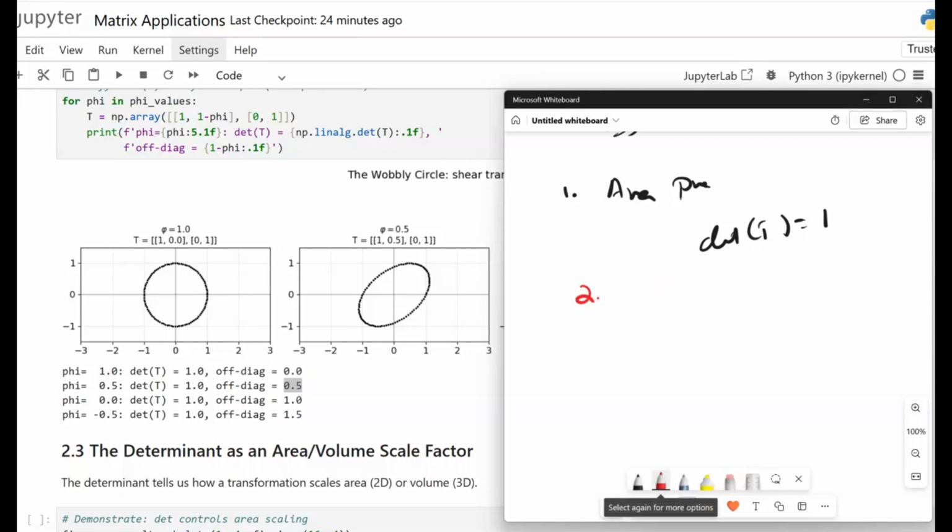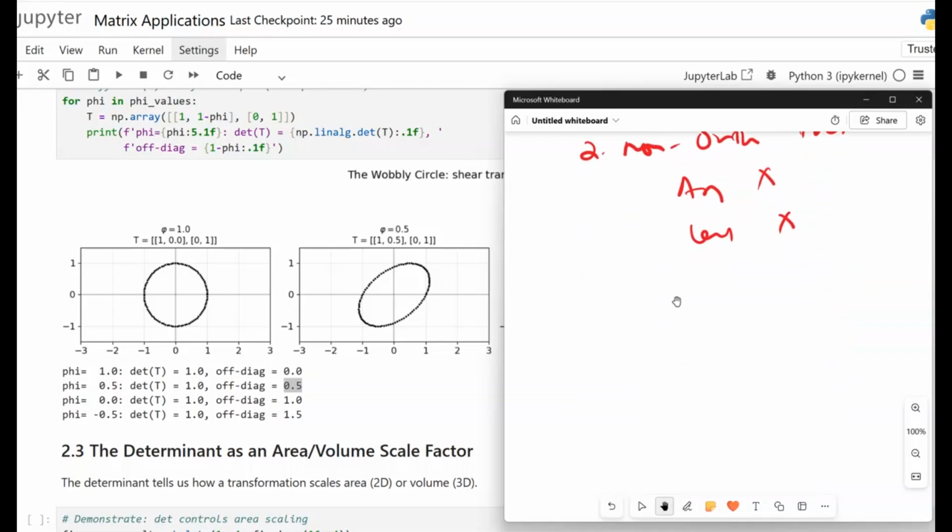And the next one, of course, is a non-orthogonal transformation. Unlike rotation, here the angle is not preserved, and the lengths are also not preserved. So the circle becomes a sheared ellipse-like figure. And the third one is all about linear transformation.